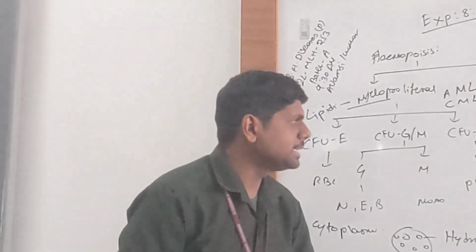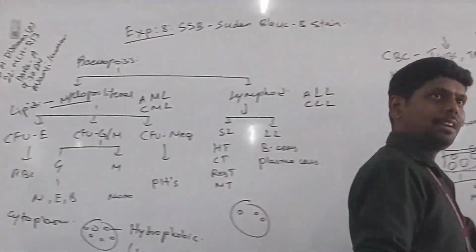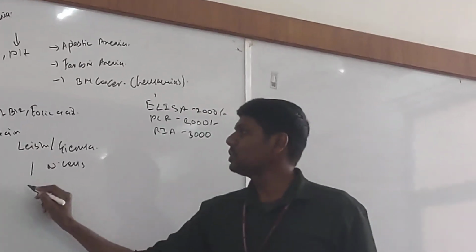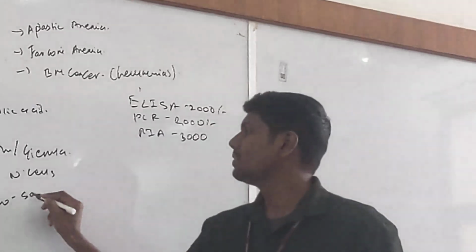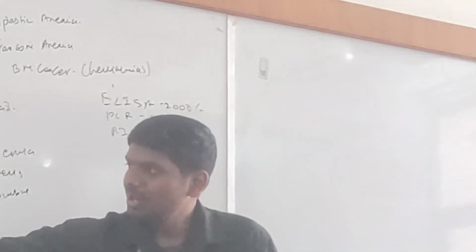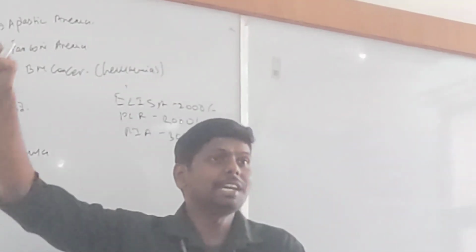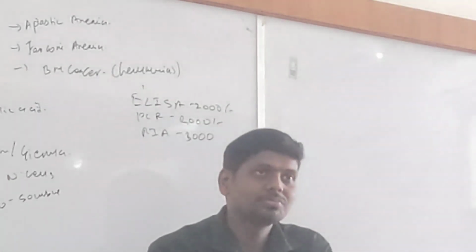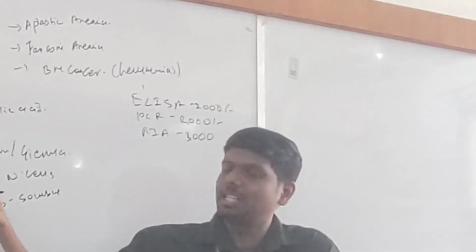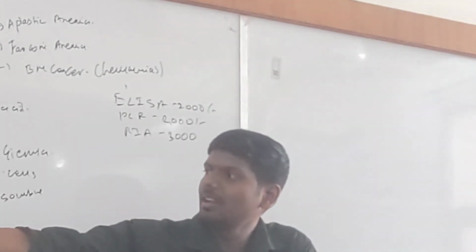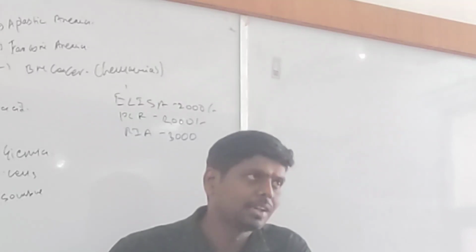If that is the case, our Leishman stain is a water soluble stain. Can you identify fat globules in the cancer cells? We can't, because this cannot stain fats. It is a water soluble stain and they are water insoluble complexes.